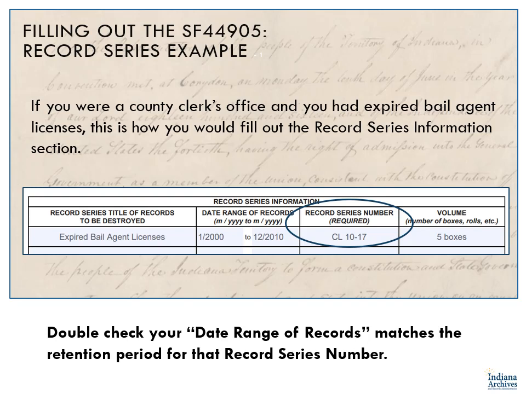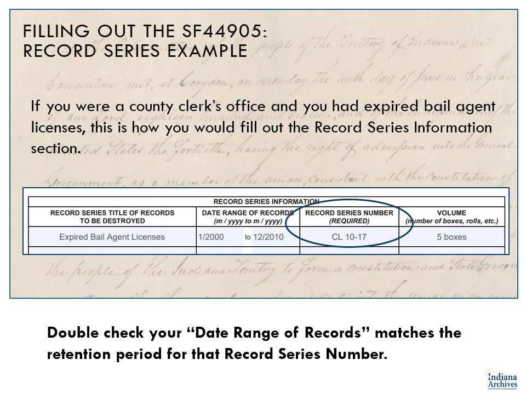Here is an example of a record series information. Let's say you are a county clerk and you have 5 boxes of expired bail agent licenses dating from January 2000 to December 2010 that you would like to destroy. You are starting to fill out your NOD form and you've gotten to the record series information.